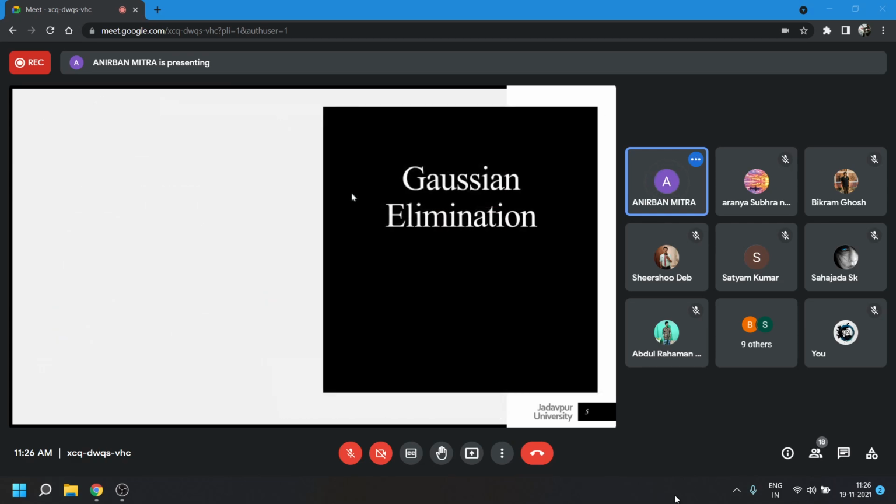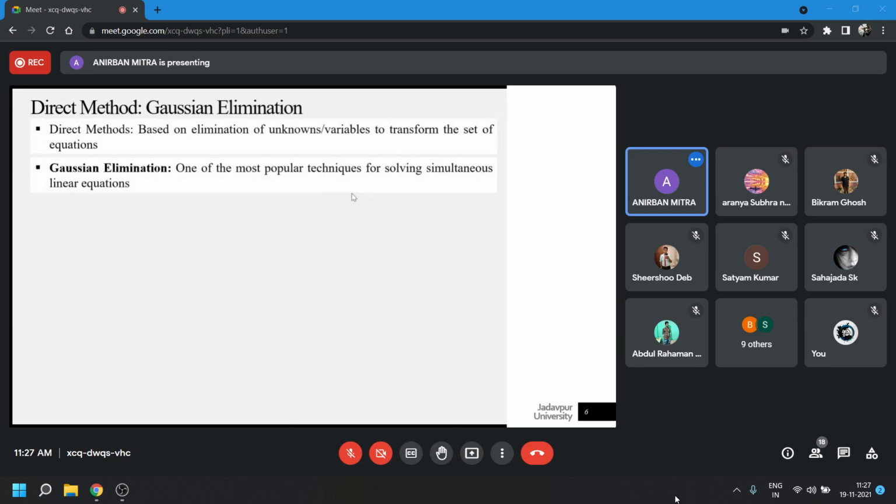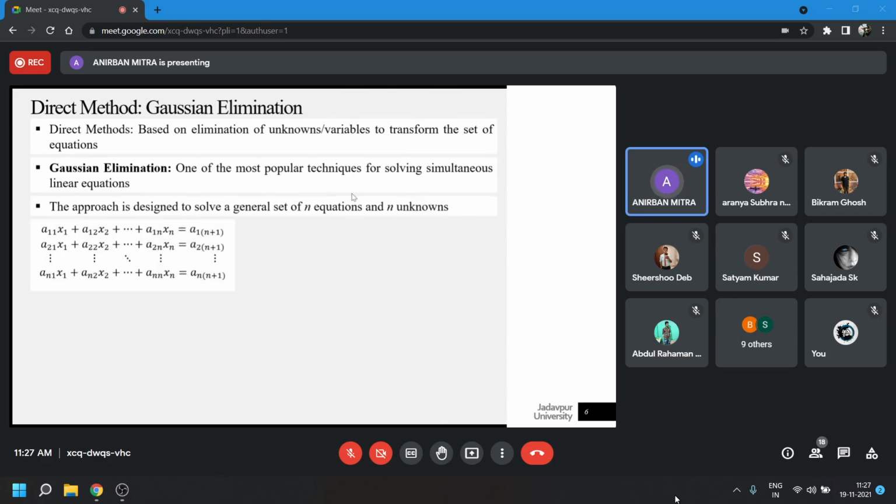And the first solution method that we will talk about is Gaussian elimination. This is one of the most popular techniques of solving simultaneous linear equations, and it is designed to solve a set of n equations having n unknowns. The form of the set of equations you can see over here.